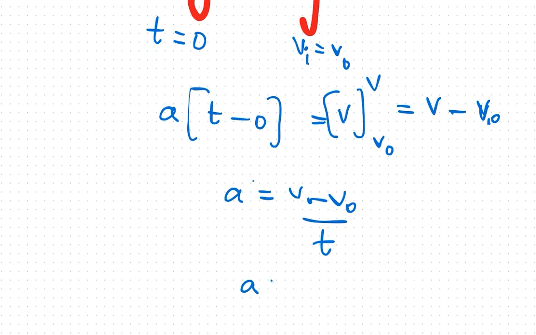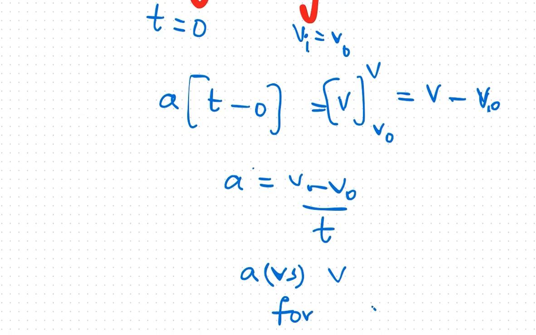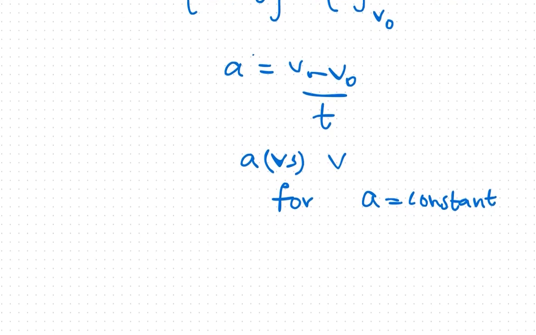How will the graph of a versus v be for constant acceleration? Okay, so acceleration is constant. So the y values have to be the same throughout.